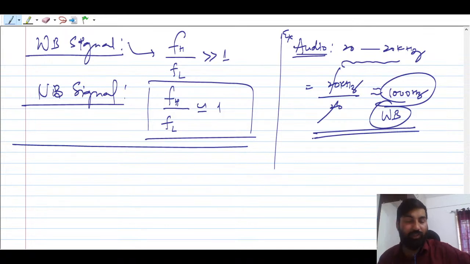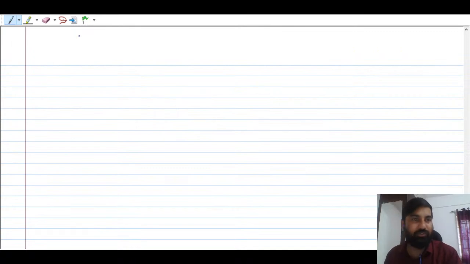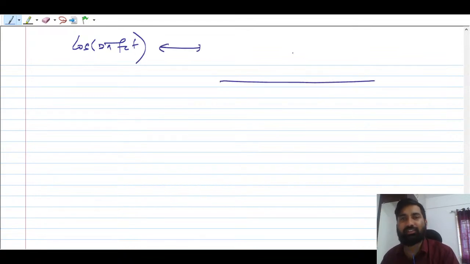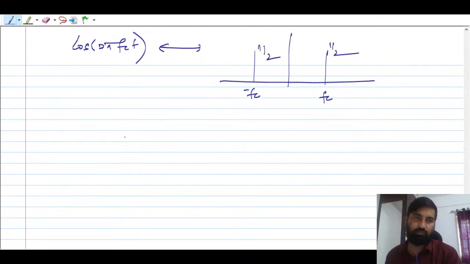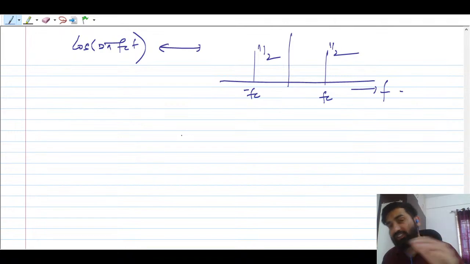As I told you, you need to understand only the Fourier transform of cosine. I have already told you, cos 2 pi fc t has a Fourier transform. So I will directly depict this picture. One impulse is at fc, one at minus fc, with heights 1 by 2 and 1 by 2. This is in the f domain.